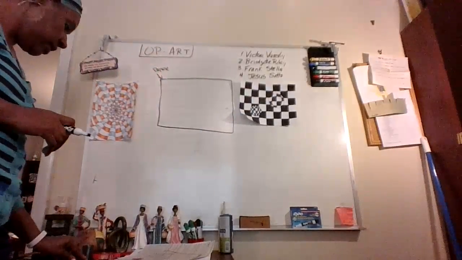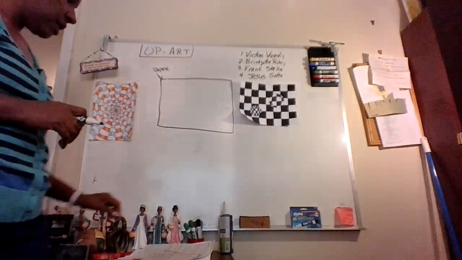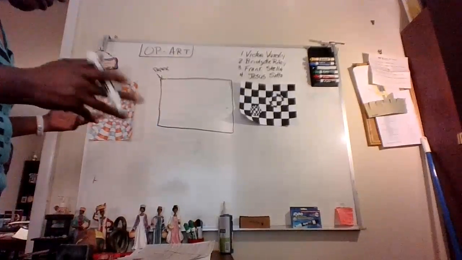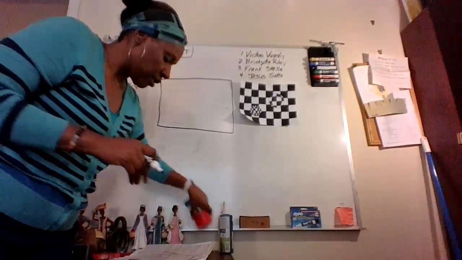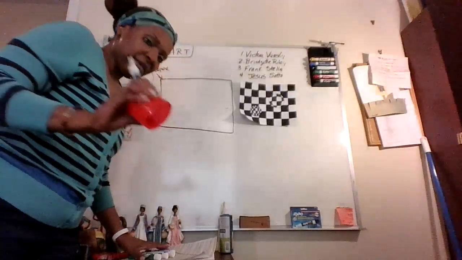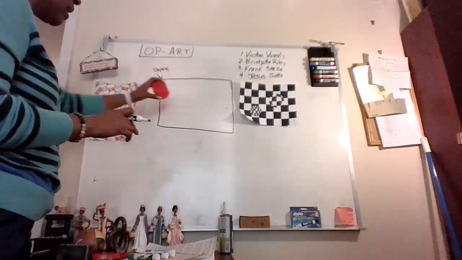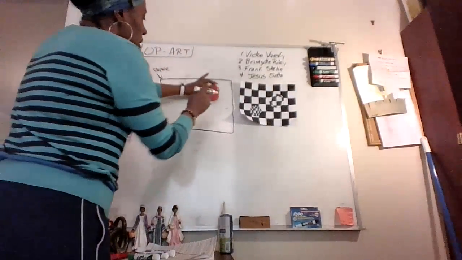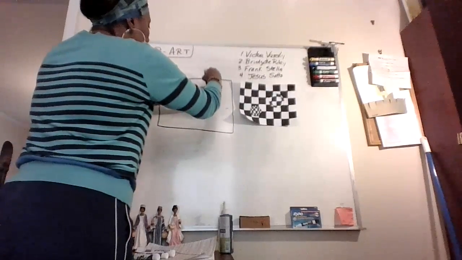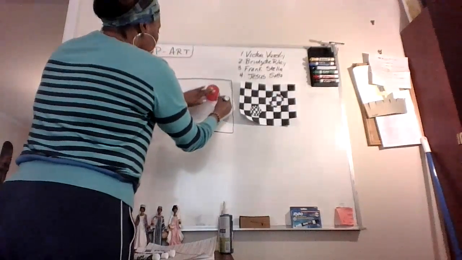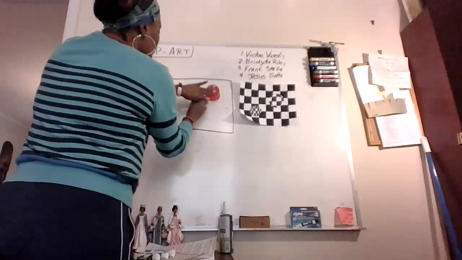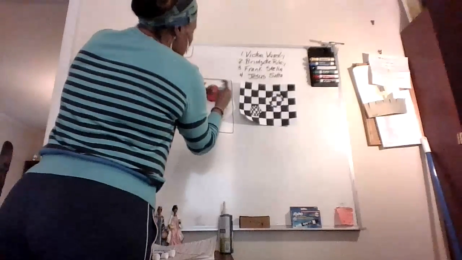If you want a perfect circle and don't want to mess up, you can use the bottom of a top or a cap or something, and just trace around it. If you don't have anything and you just want to freehand draw it, that's fine too.